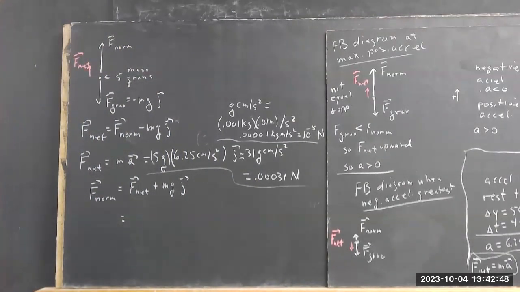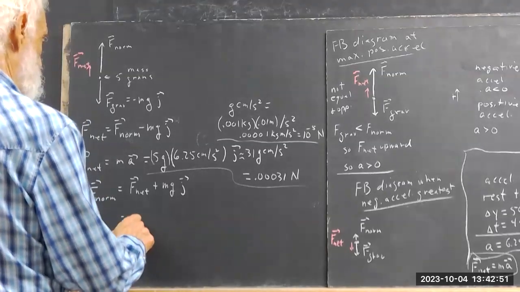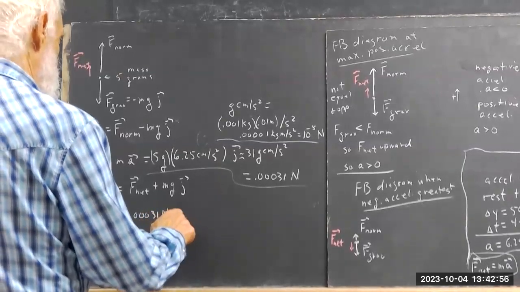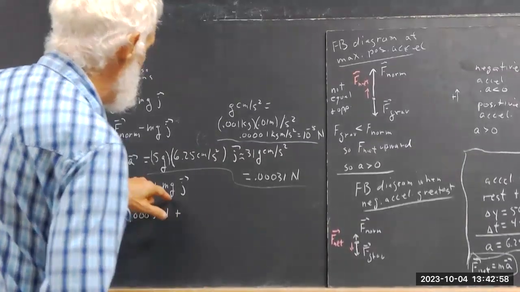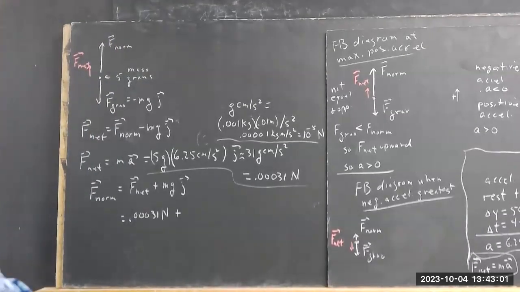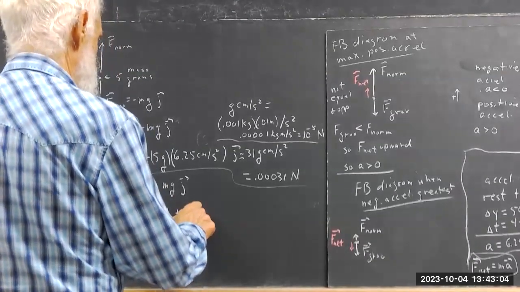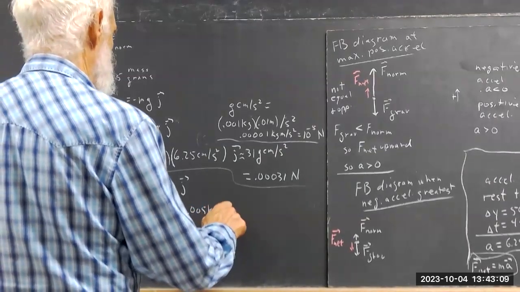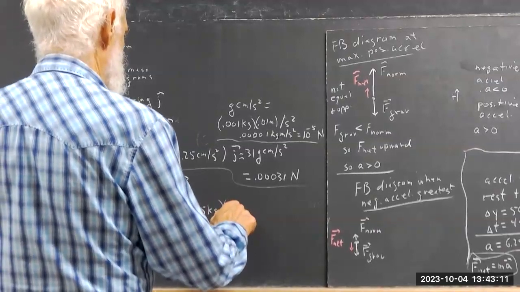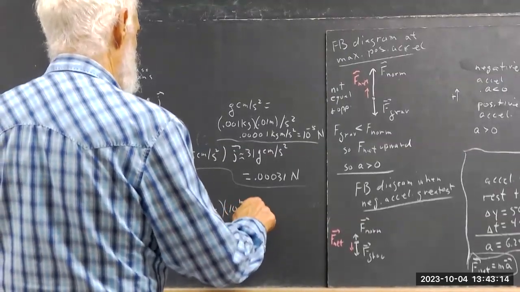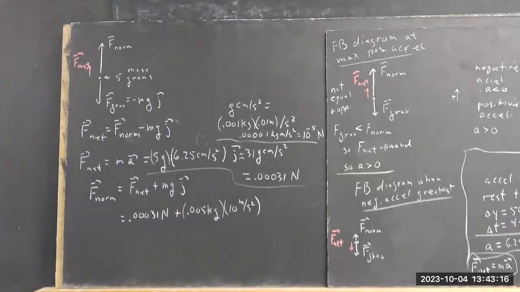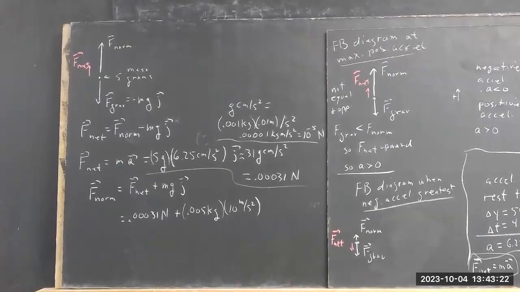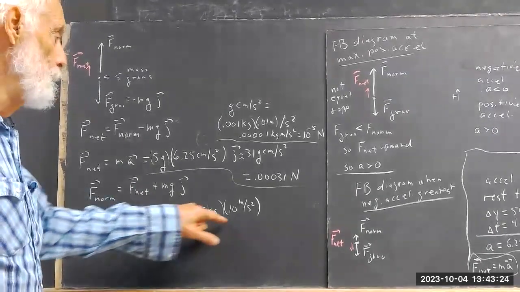Okay, so this is at mg. Well, I'm going to use 10 meters per second squared. We're off by 2%. It's not going to bother that nickel very much. Okay. And you can always take 2% less.